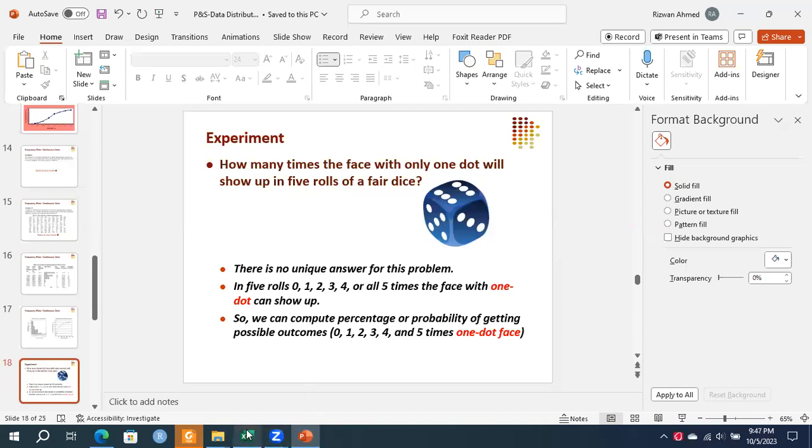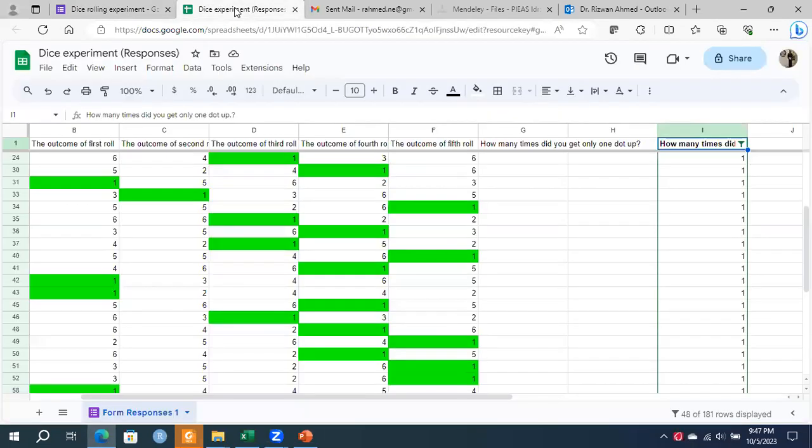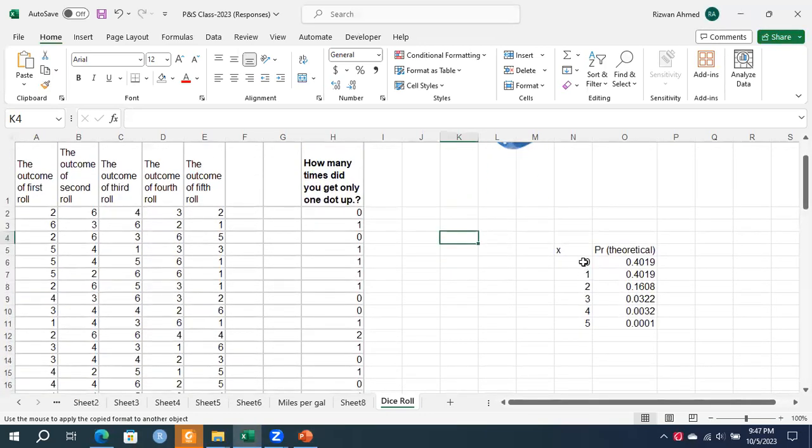We got the responses, 81 responses, and I collected all those responses in the Google Sheet and then copied that one in the Microsoft Excel sheet. So here for X outcomes, not a single time one dot appeared in 5 rolls.